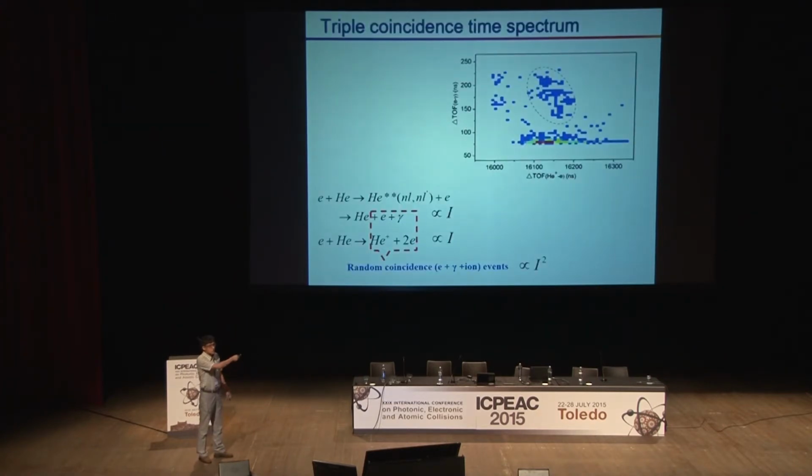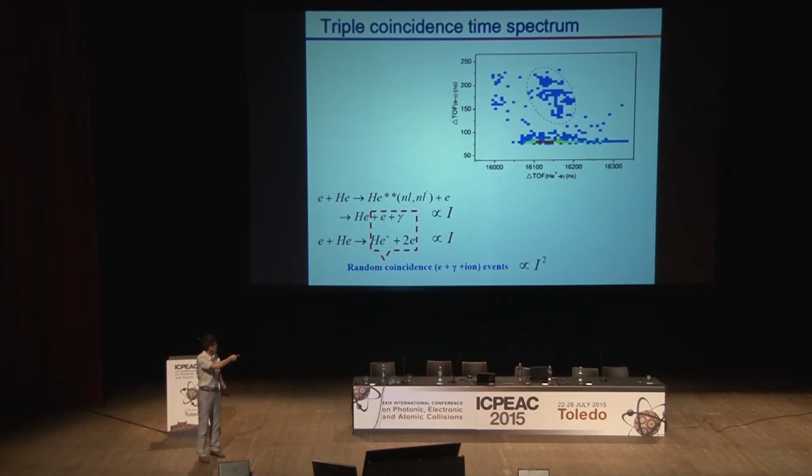After this, we get a map which could guide us to find the true ionization and excitation events. This axis is the time difference between the helium ion and the detected electron, and this axis is the time difference between the electron and the photon.